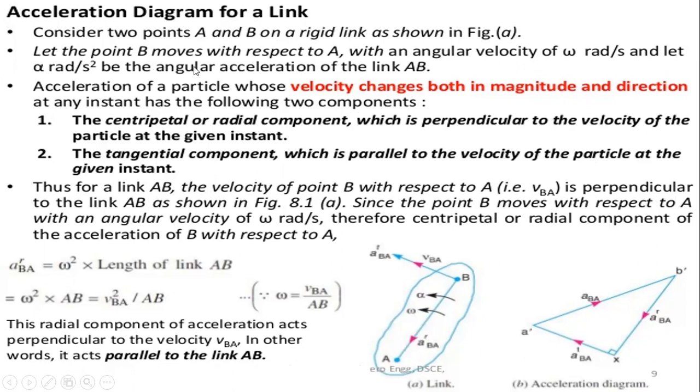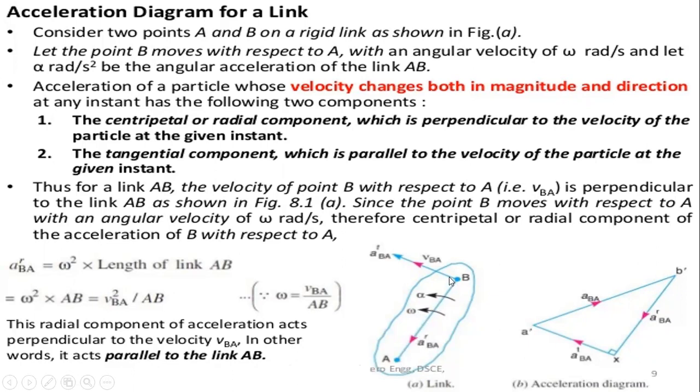Let the point B move with respect to A. Here A is the fixed point and B is the movable point. Point B moves with an angular velocity omega, where omega is the angular velocity of the link AB, and alpha is the angular acceleration of the link AB.